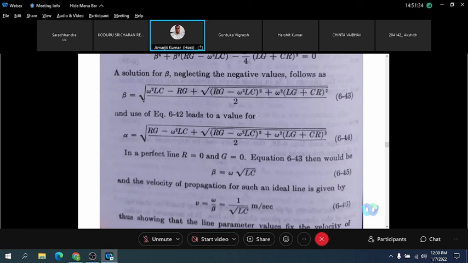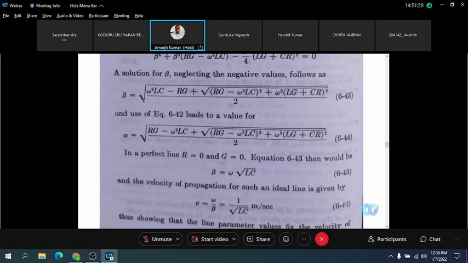So now for the lossless line. If the line is lossless, for a perfect line there is no loss. So series resistance per unit length of the line is 0, and leakage conductance is also equal to 0 for the perfect line.